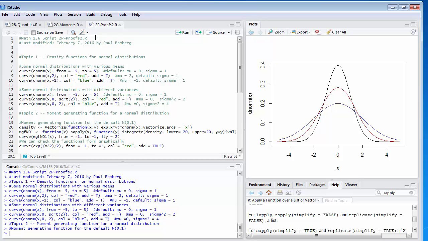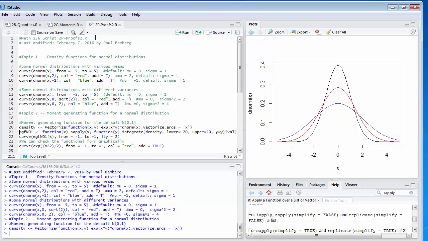So first I've defined the density function. It's a function of x and y because what I want to do is take the normal distribution's density function and then multiply by e to the xy. That's what we have to integrate in order to get the moment generating function.